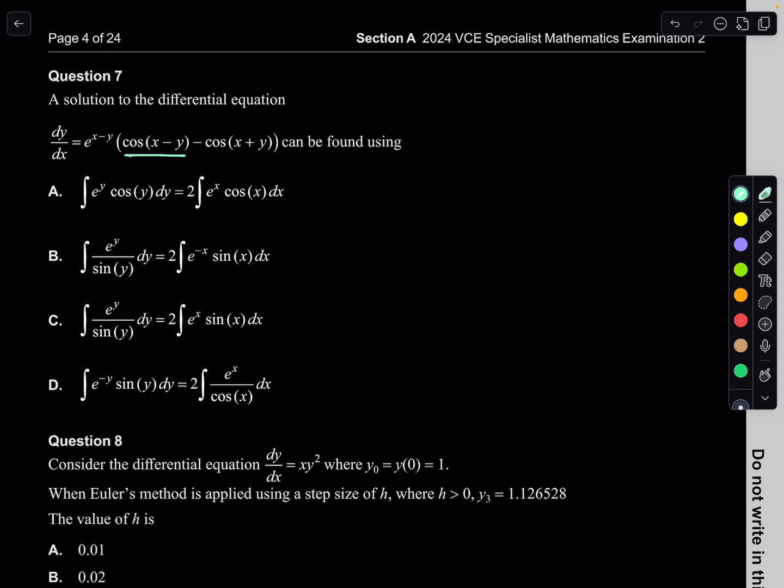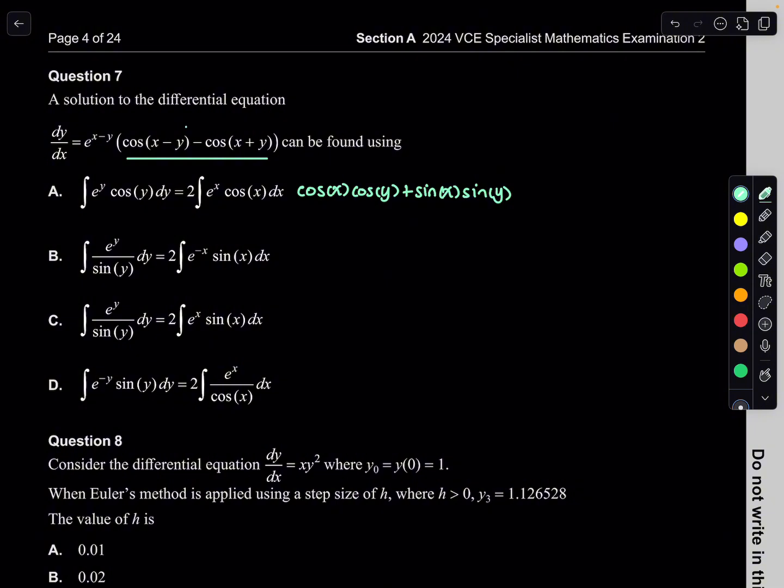Let's talk about that. These are all in your formula sheet. Let's just simplify this thing here first. So cos(x minus y), what's this going to simplify to? Just looking at your formula sheet, it is cos x cos y plus sin x sin y.